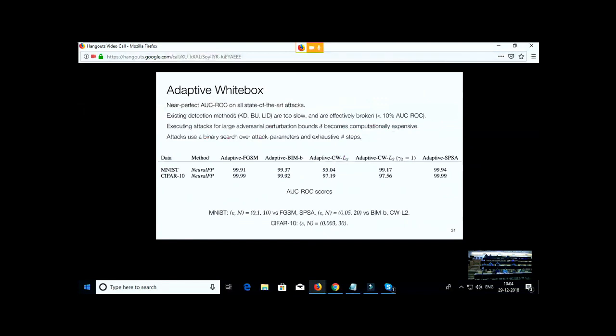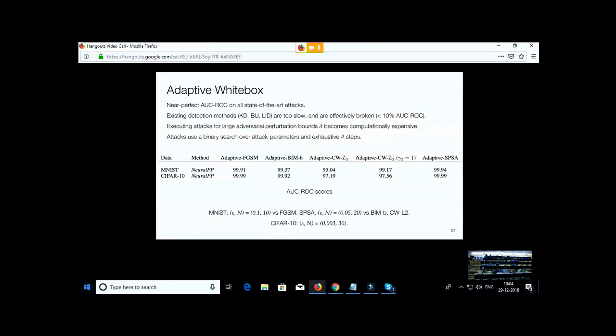Now, if we go to the adaptive white box attacks, in this case, the attacker actually knows which delta X's and delta Y's we chose. You can see again that if you take the attacks as is and you train them on the loss function, which includes the fingerprint loss, then still these attacks have a very hard time.